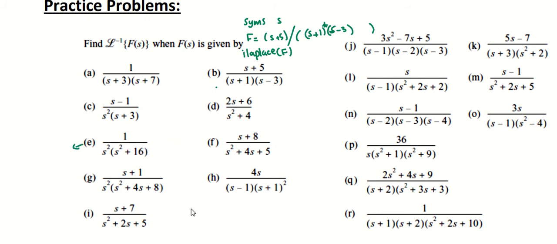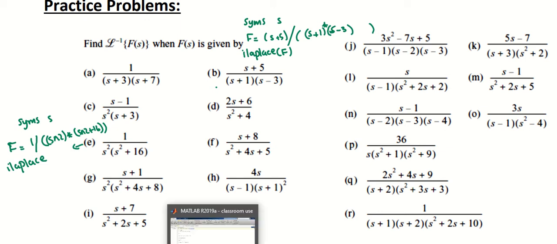We have SYMS space S, then F capital is equal to 1 over bracket S to the power 2, multiplied by S to the power 2 plus 16, then ILaplace. So we will write it.